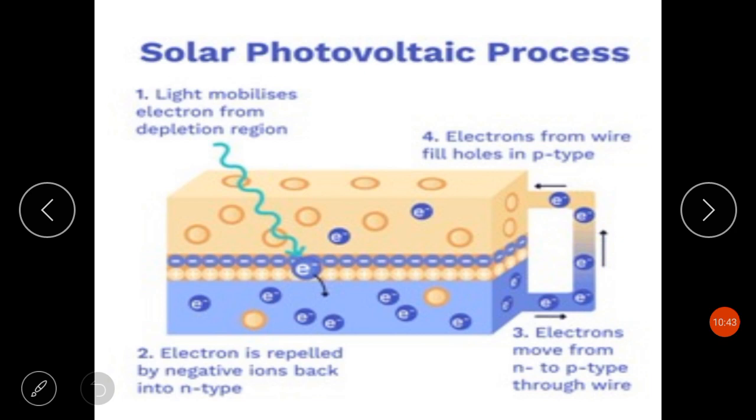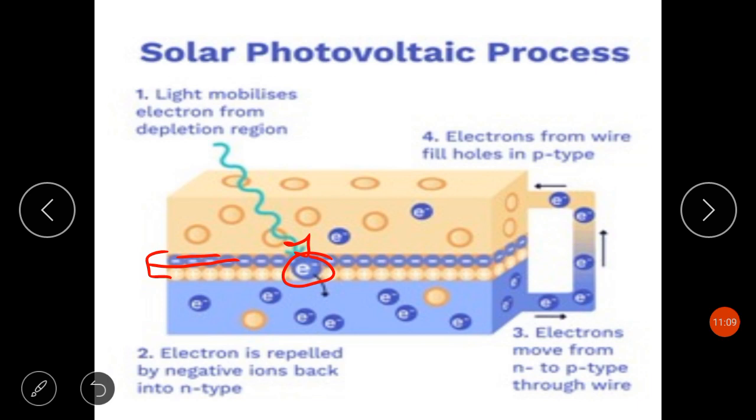The electron inside a hole in the p side of the depletion region is hit by light, and the light's energy causes the electron to be ejected. So here in the depletion region, an electron has been ejected.